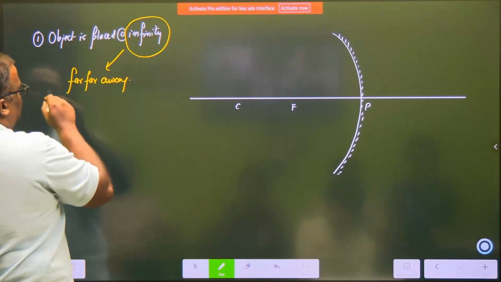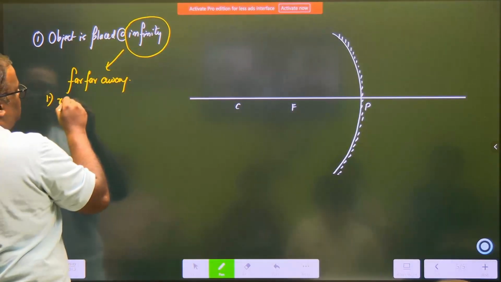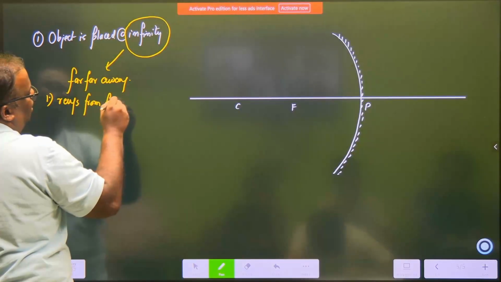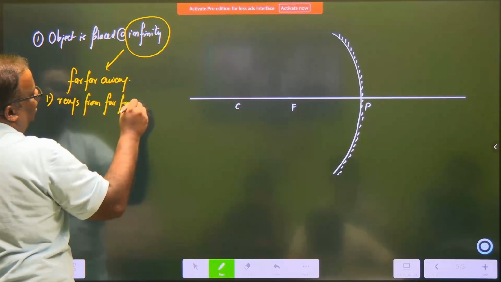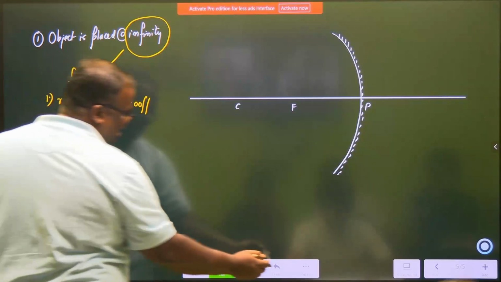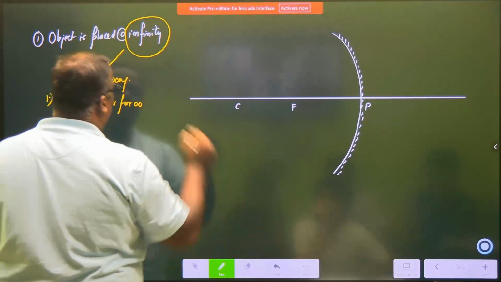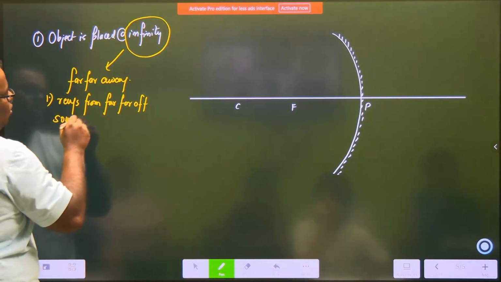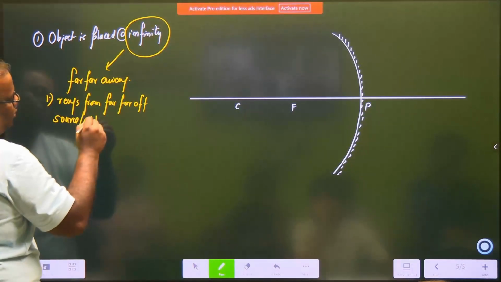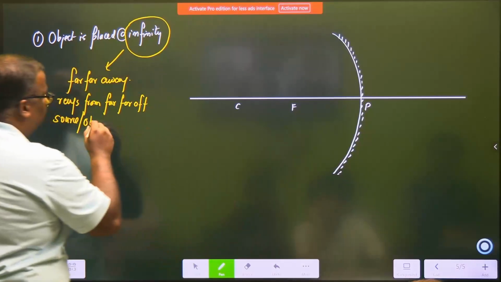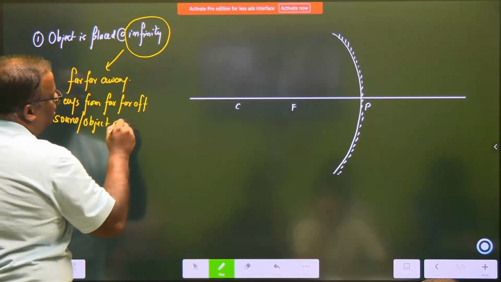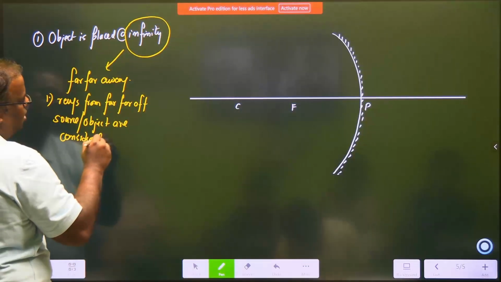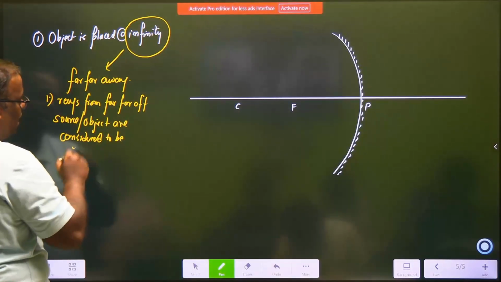And here there is one assumption: rays from a far, far off source, or say object, are considered to be parallel.